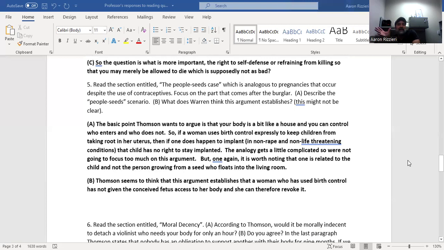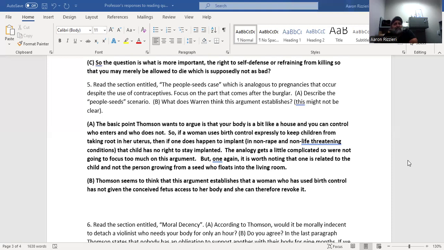The idea is you live in a house, you've put up a lot of locks on the doors, you put some mesh over the windows, because you live in a neighborhood where these seeds float around, and if one lands in your house, a person actually starts to grow there, despite your best efforts to kick them out, with the screen doors and the mesh and the locks and all that, trying to keep those seeds out.